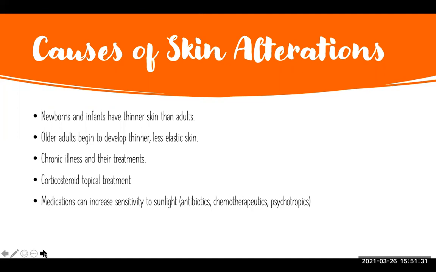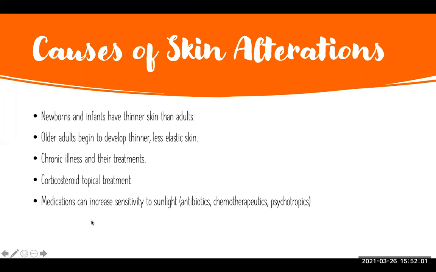Then chronic illnesses and the treatments thereof. Certain pathologies affect skin integrity, and treatments that will be used will also impair the skin's ability to function. Corticosteroids are an example of that. They interfere with the immune process, and the immune system is a big part of maintaining our skin integrity, and we'll see that a little later.